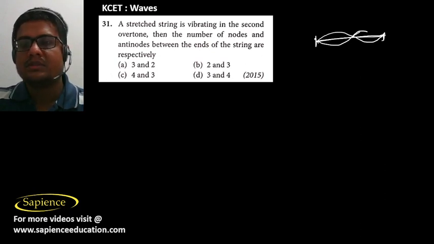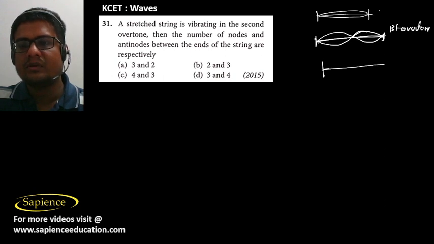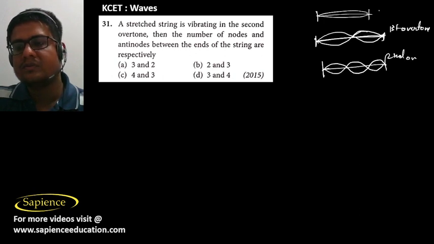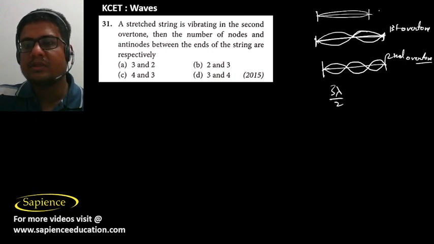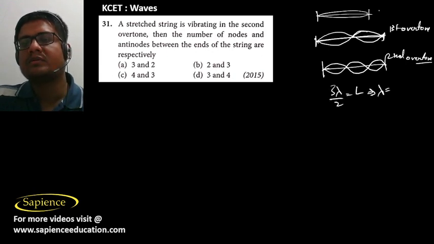The first overtone is this, and the fundamental frequency is this, obviously. And the second overtone would be like this. So it means that 3 lambda by 2 is equal to L here. So lambda will be equal to 2L by 3.